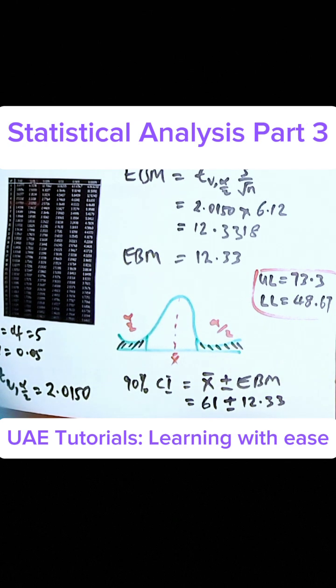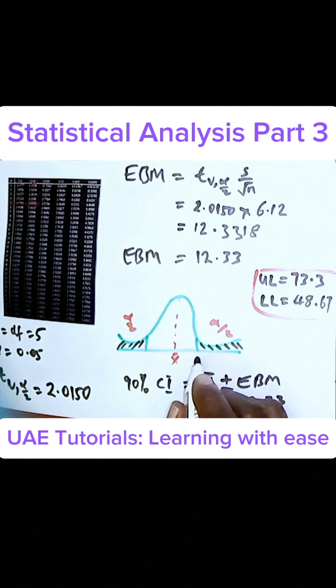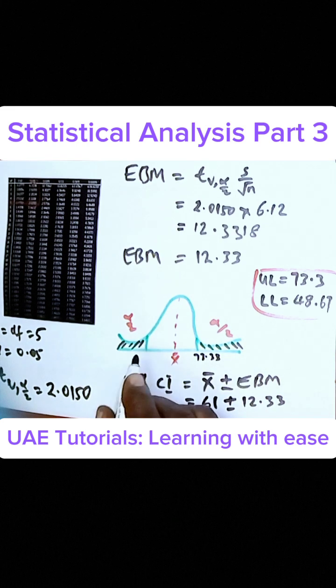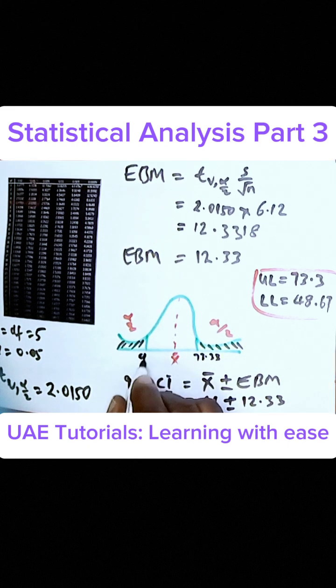This means that at a 90% confidence level, here you have 73.33, and here you have 48.67.